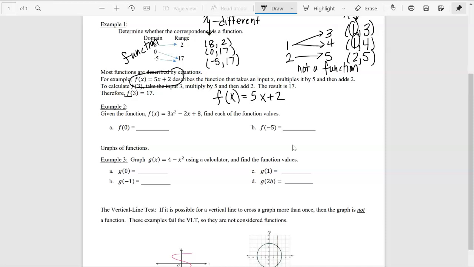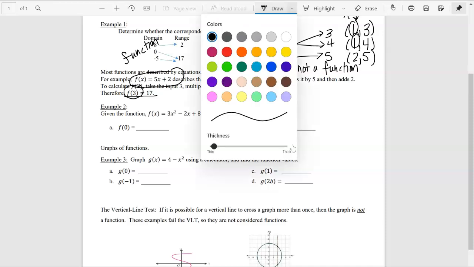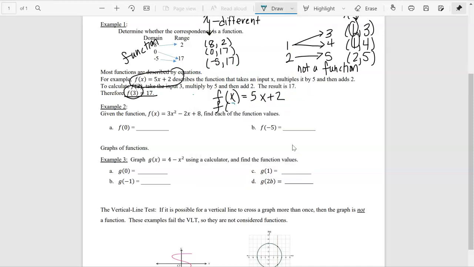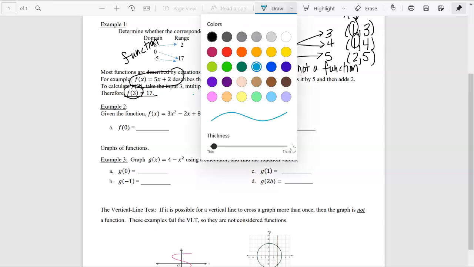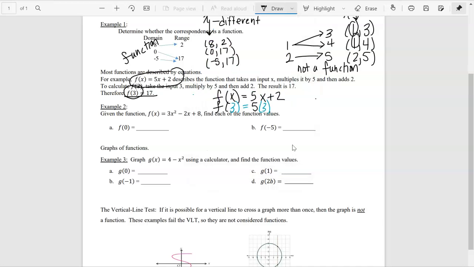And if they tell us specifically to calculate f of 3, what they're asking us to do is everywhere we see an x, they're asking us to plug in a 3. So everything else would stay the same except for where we see an x, and they're asking us to let that be a 3. So we've got 5 times 3 plus 2, which gets us 17, which is how they came up with that.